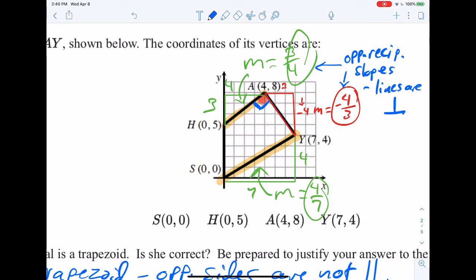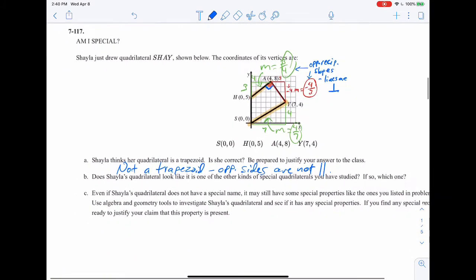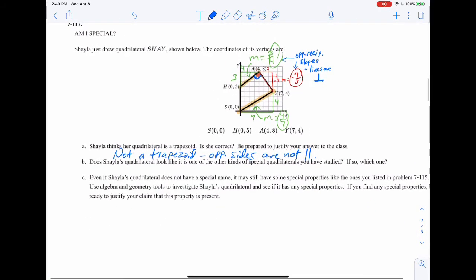Now go ahead and try and find the lengths of the different sides to see if any of them are, in fact, congruent. You can use the Pythagorean theorem, or you can use the distance formula.